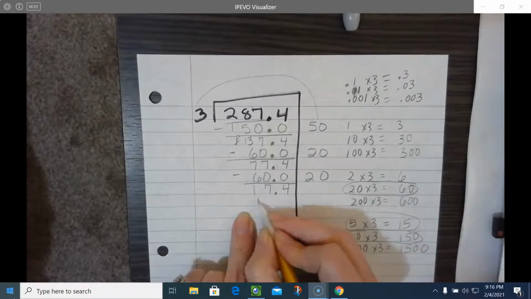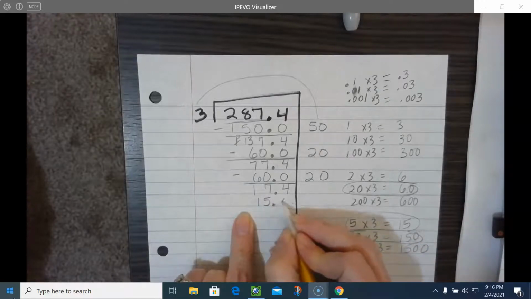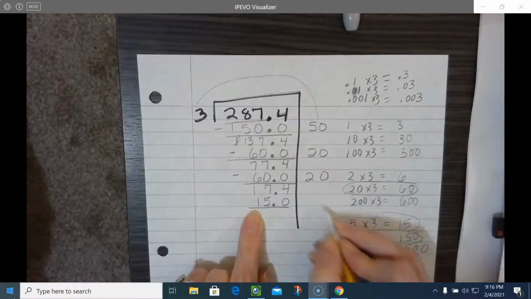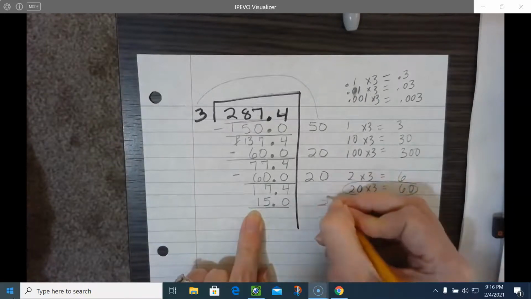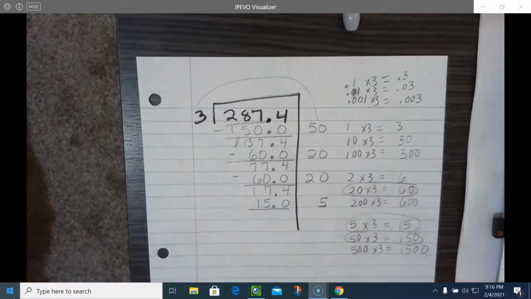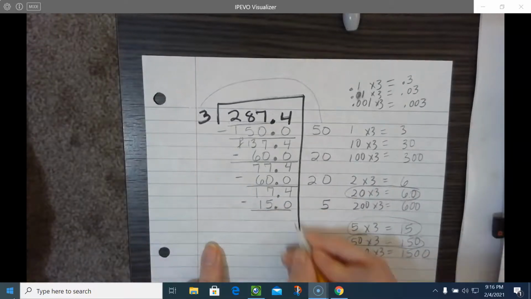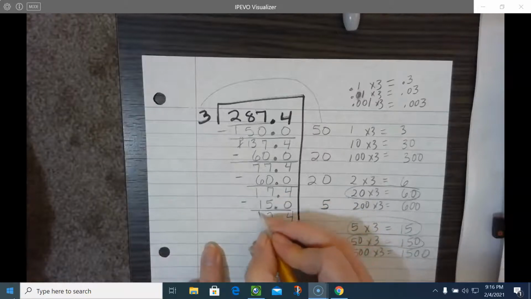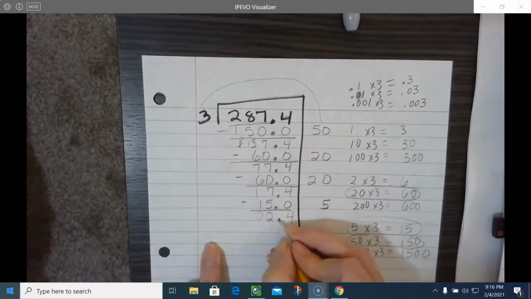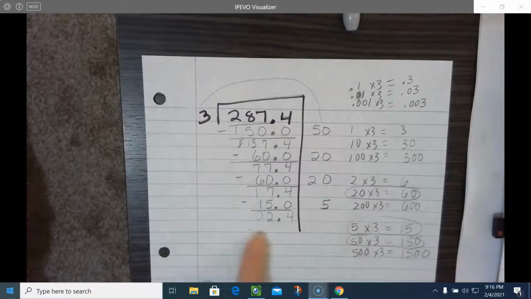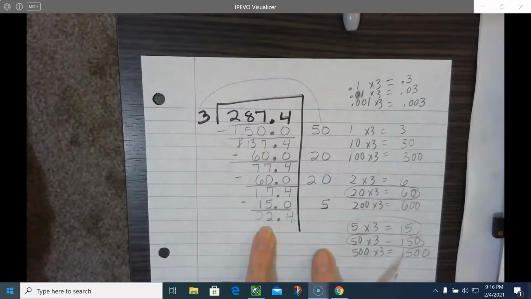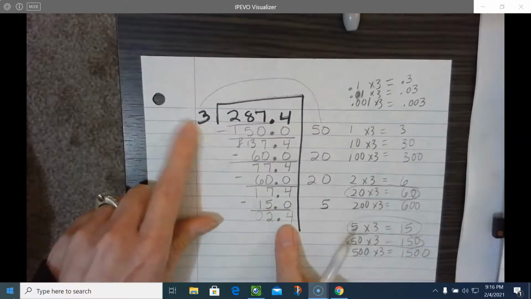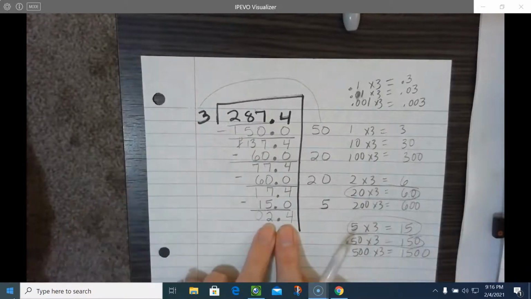So 15 and 0/10 goes here, and then the 5 goes in the margin, and then I subtract. I get a 4, I get a 2, that's a 0, and I bring that decimal point straight down. Now, as I'm looking, I can see that 2 4/10 is less than the 3.